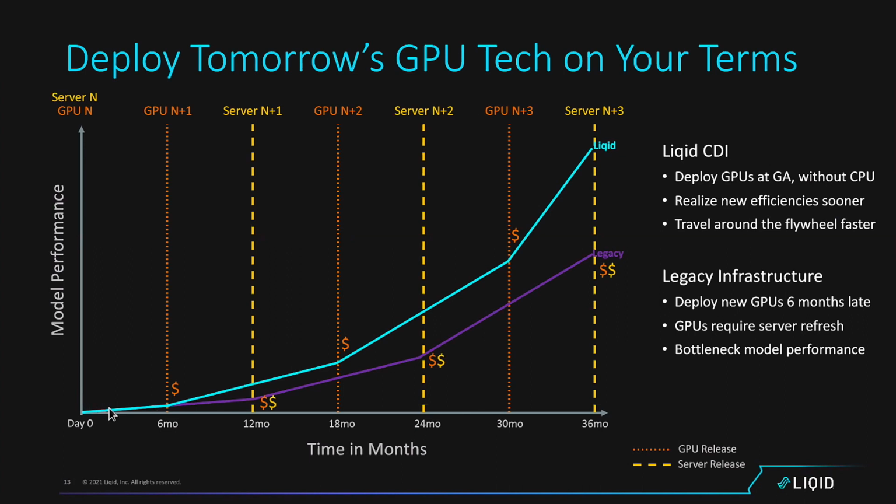Just imagine this is model performance or compute cycles or whatever performance metric you want. You end up moving up the y-axis faster than your competitor, even if you're not doing anything else. And this is an exponential gap that forms here.